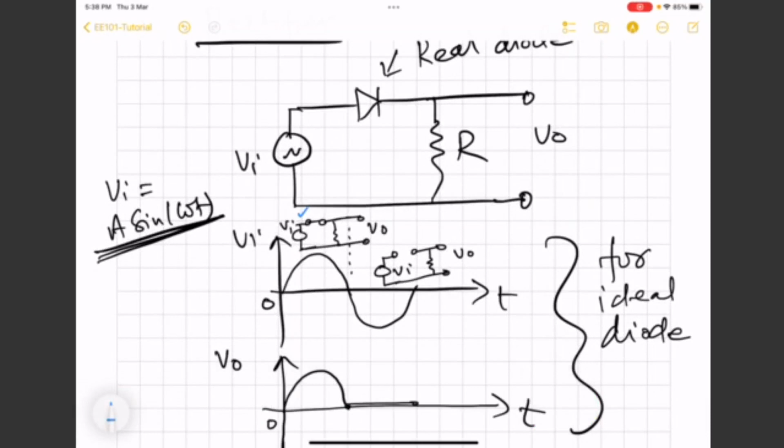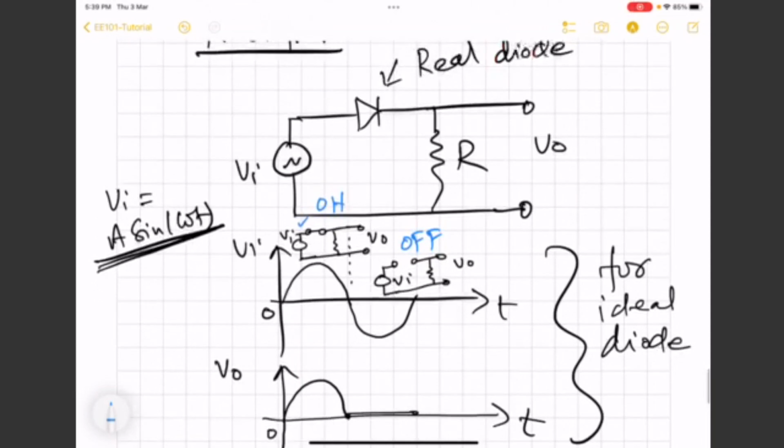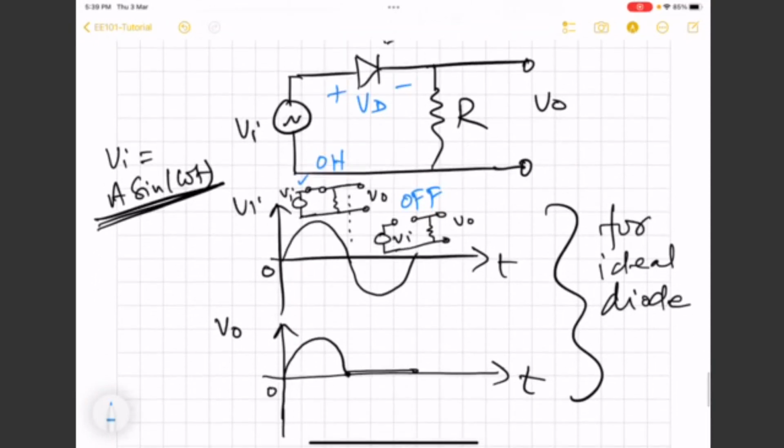But even before we decide whether the diode is on or off, we have to see under which condition it will switch on and off. So for an ideal diode, let us say this VD is the voltage across the diode. For an ideal diode, this VD is equal to how much?